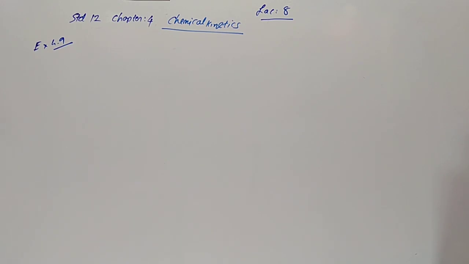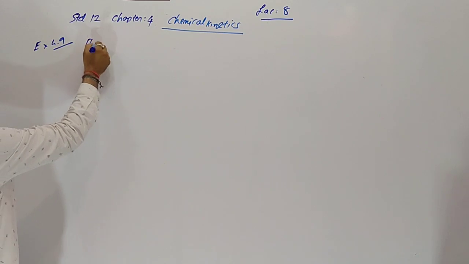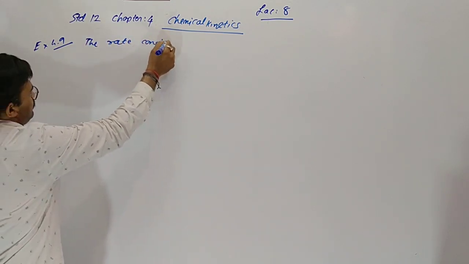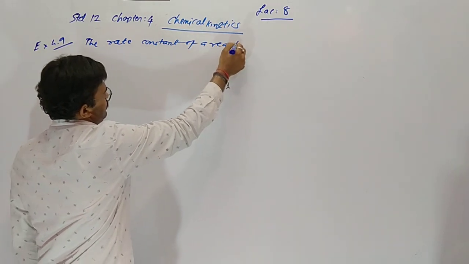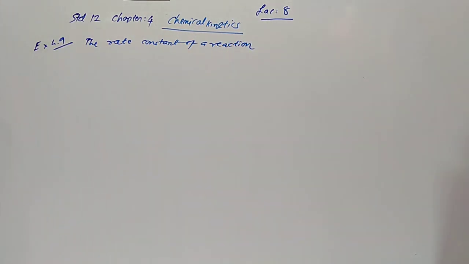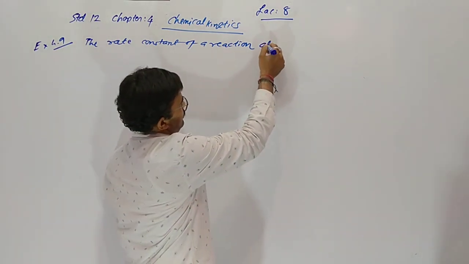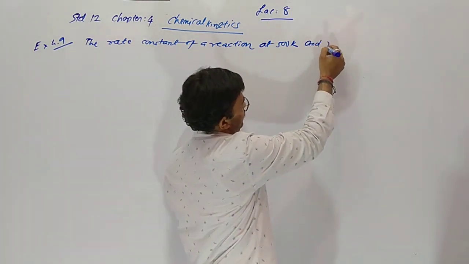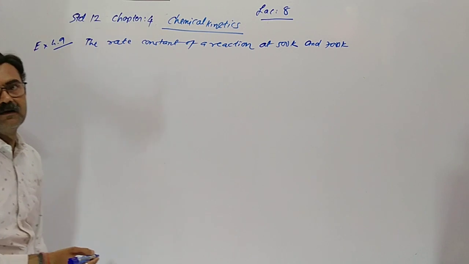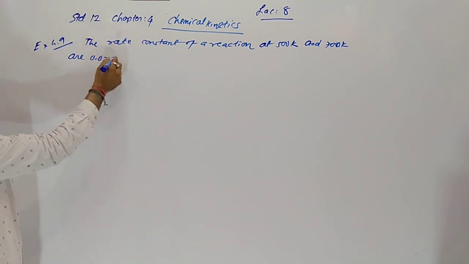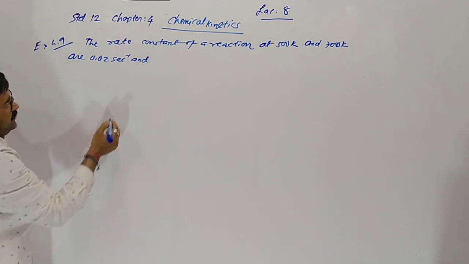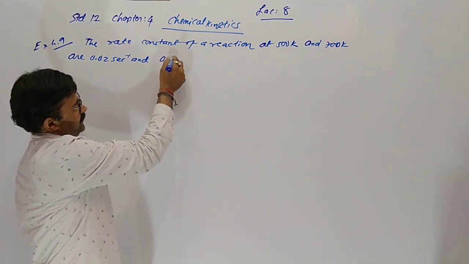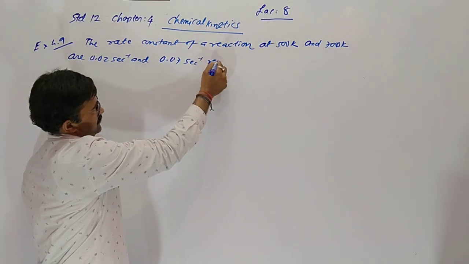Question: the rate constant of a reaction at 500 Kelvin and 700 Kelvin are 0.02 second inverse and 0.07 second inverse respectively.